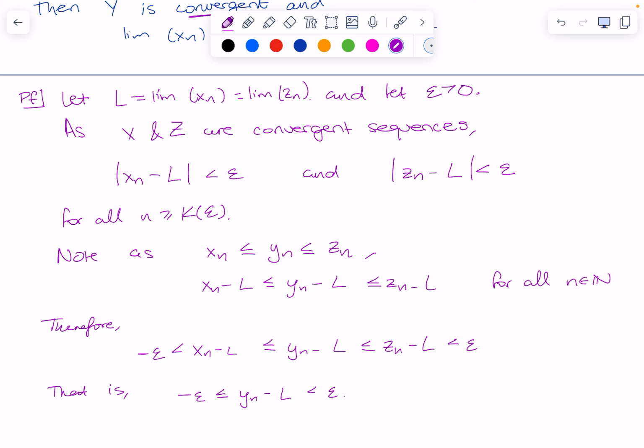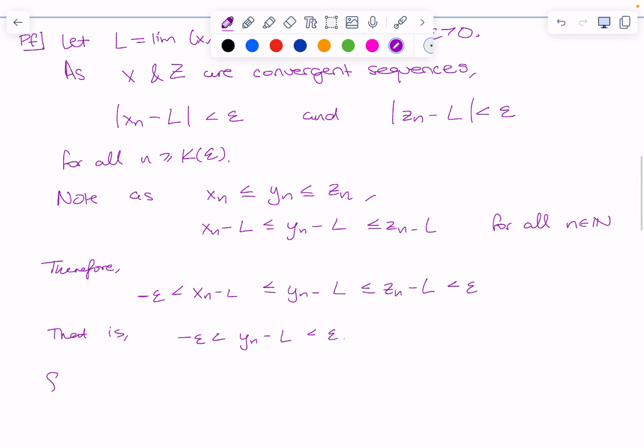Strictly less than, yes. I apparently want to carry my equal sign. And then that's the same thing as saying what? Yeah, so the limit of yn equals L.